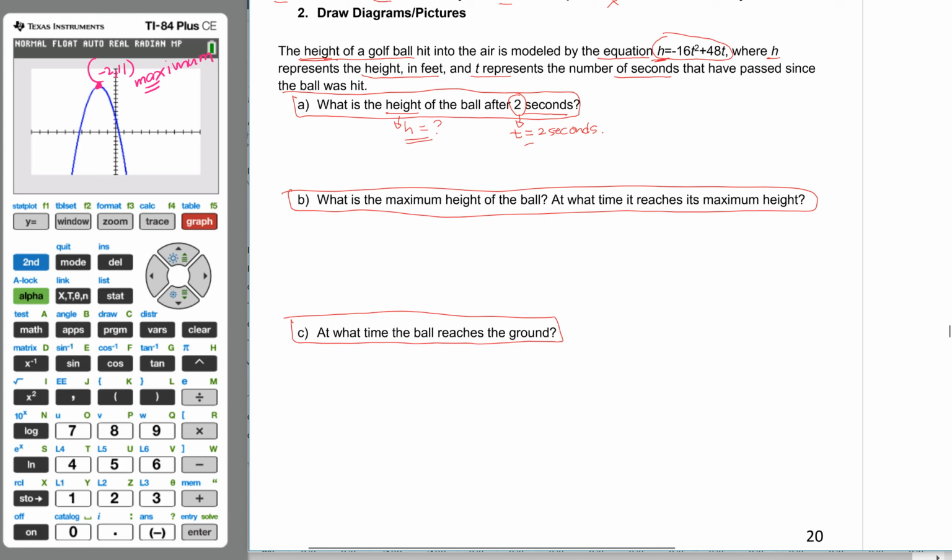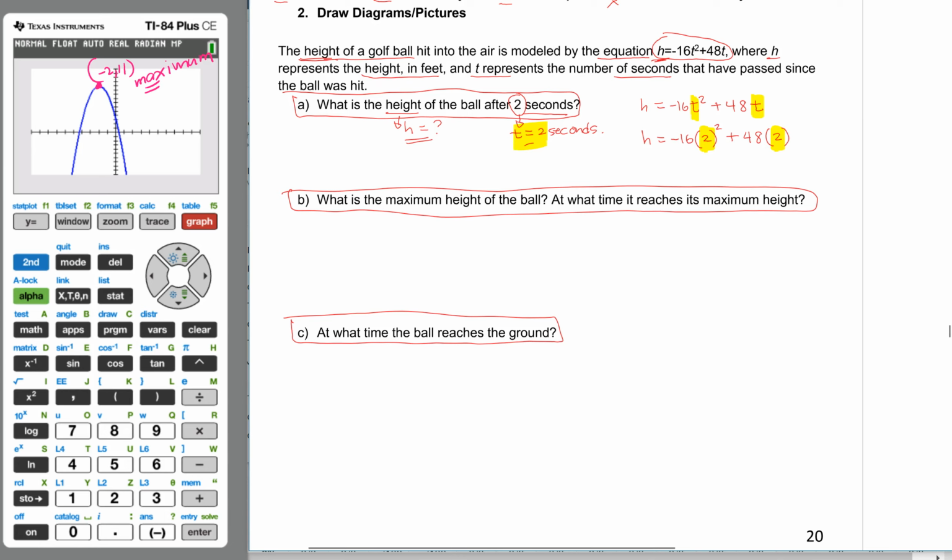So I will just copy the equation given, h equals negative 16t squared plus 48t. Since t equals 2, I'm going to plug it in here to find the height. So we have now h equals negative 16 times 2 squared plus 48 times 2. So this is what I plug in from here.